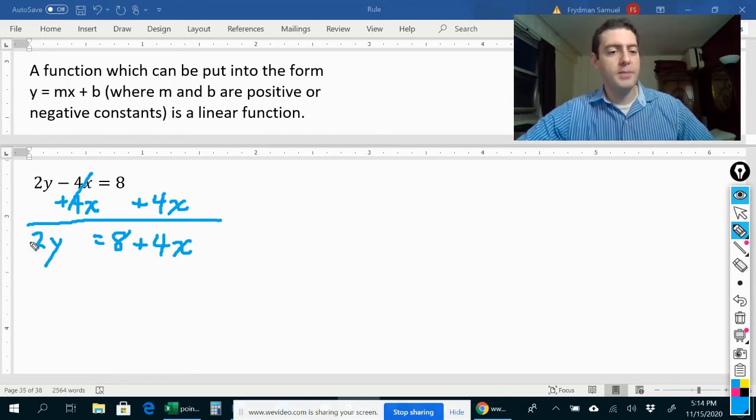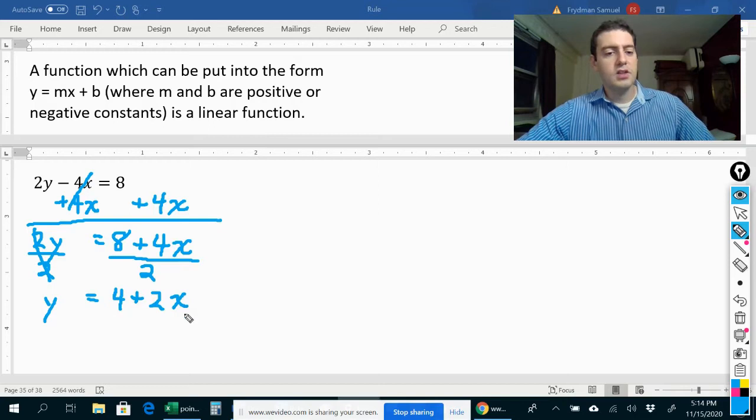And then I'm almost there. I just want to get the y by itself. Now it has a 2 in front of it, but what I could do is divide by 2 and then divide the other side. Remember, if I multiply or divide, then I have to do it to every single term. So I will divide both of these terms by 2. So 8 divided by 2 is 4, and 4 divided by 2 is 2. So I'm going to get 4 plus 2x over here.